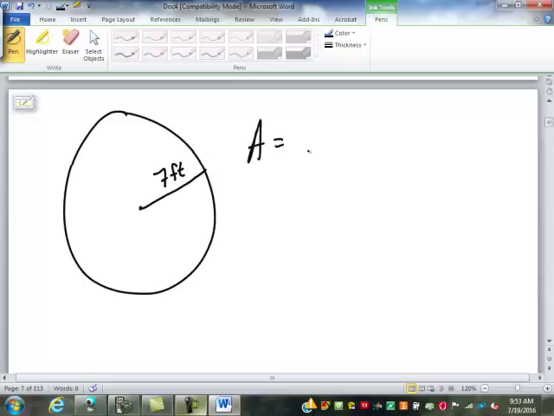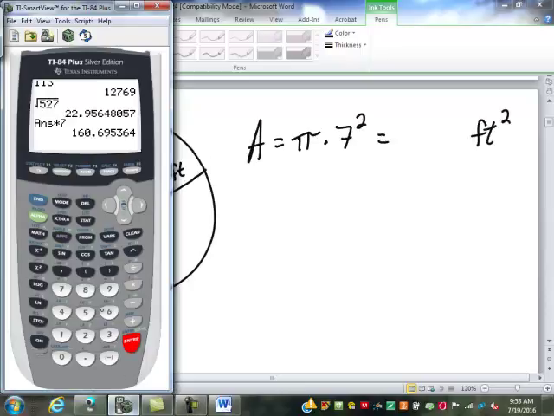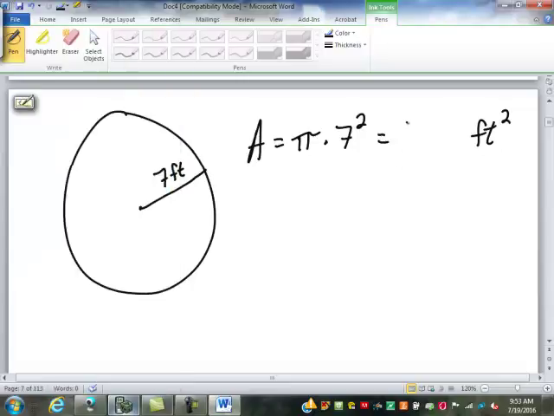How do we find the area of that? Pi times 7 squared. Good. Now the units are going to be feet squared because the length was in feet. So pi, I'm going to put in 3.14, times 7 squared will be 153.86.